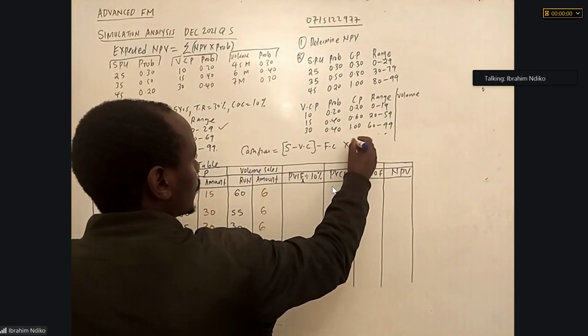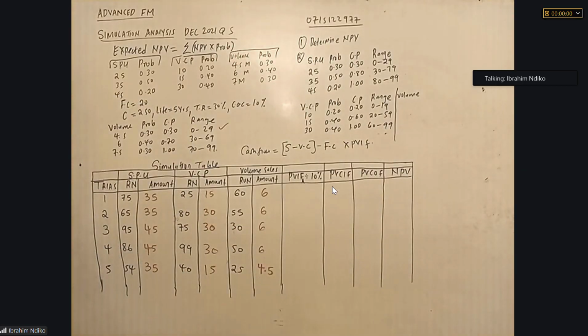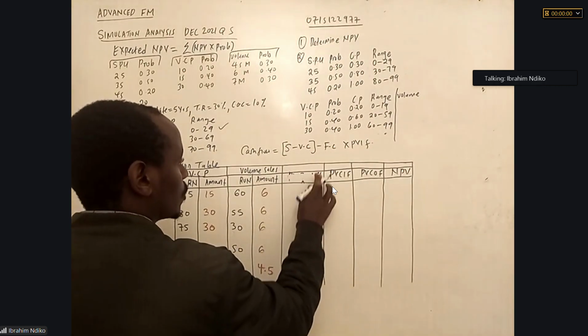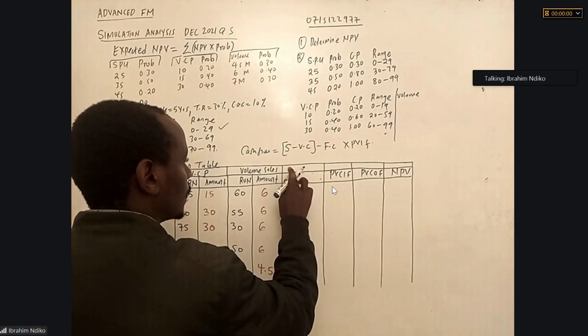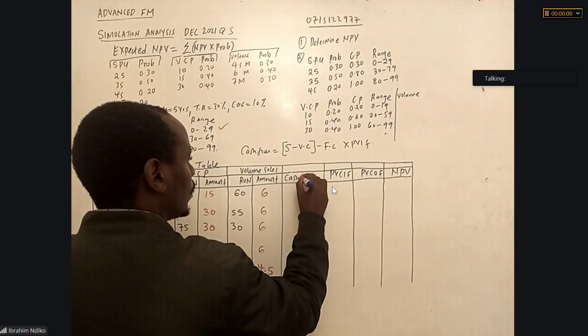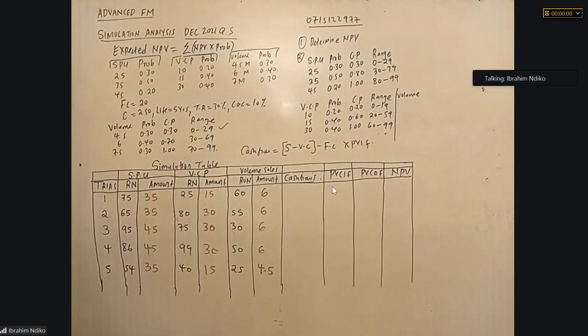Then we multiply with the present value interest factor. So what do we do? Now to change this, let's change this to cash flow.